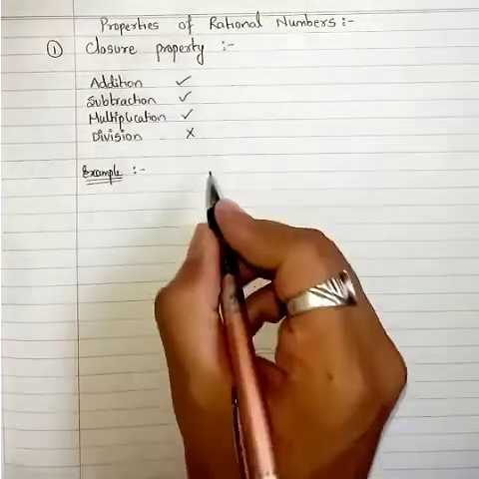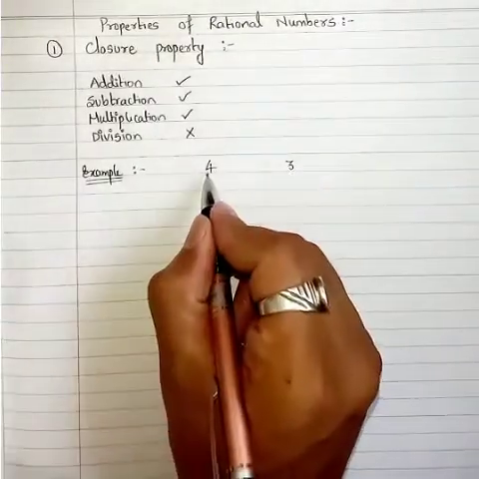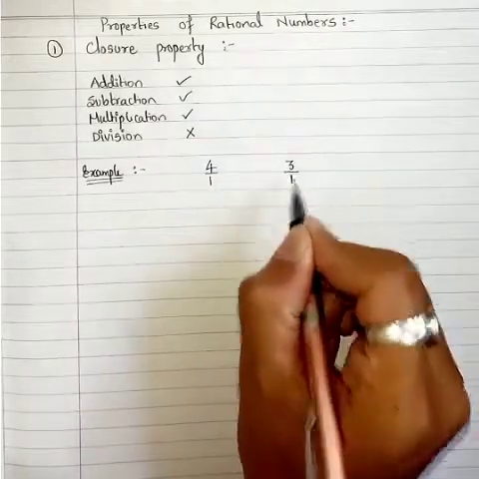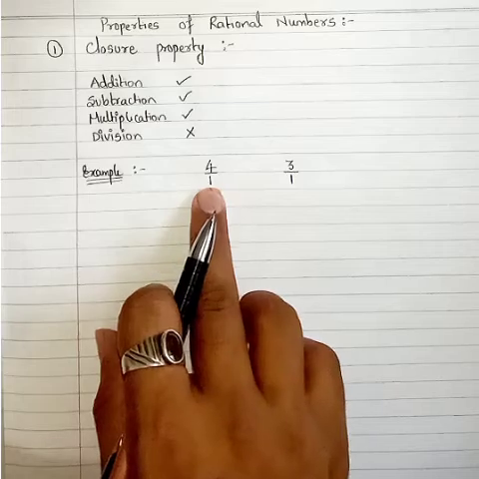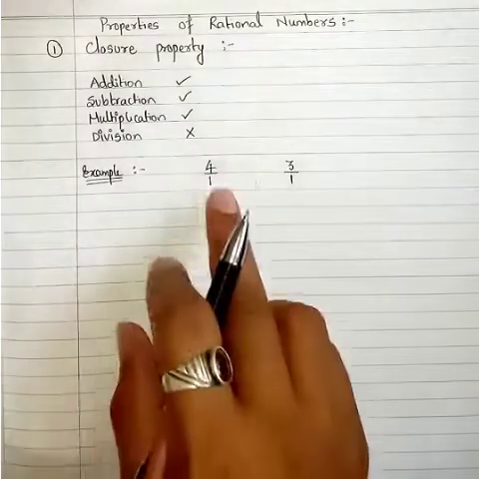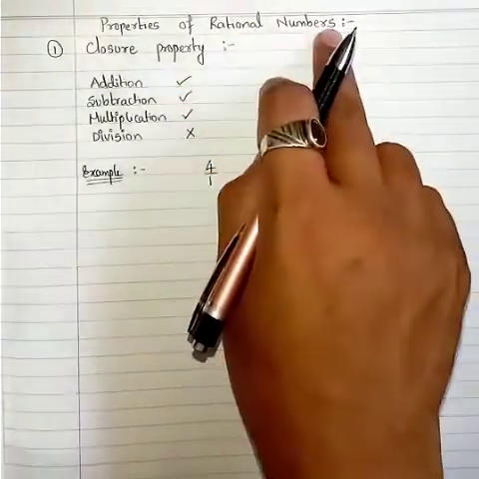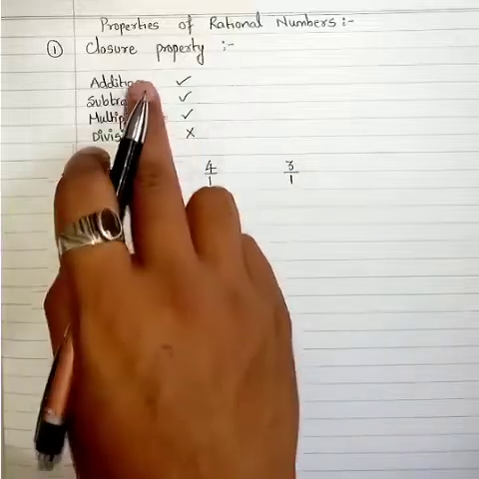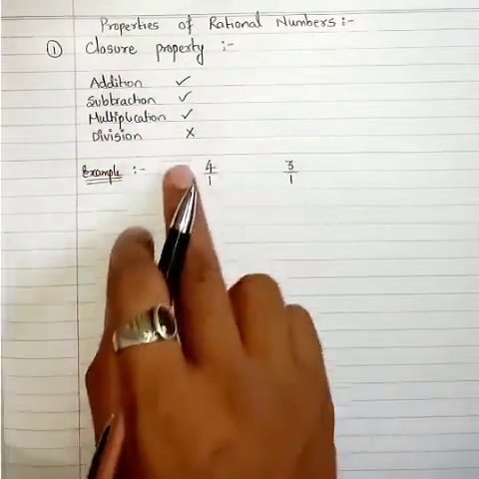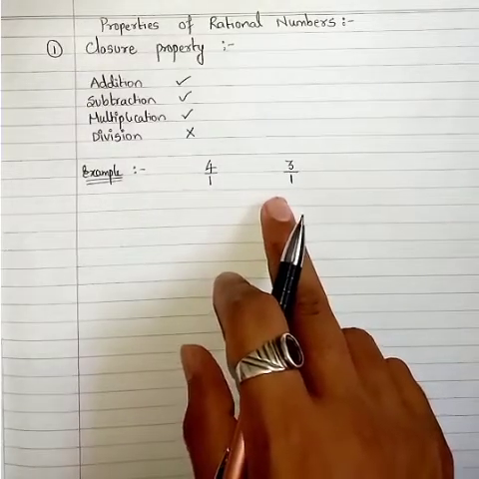Suppose that 4 and 3 are two rational numbers, because I can write them as 4 upon 1 and 3 upon 1. Keeping 1 in the denominator will not change the value, because 4 divided by 1 will be 4 only. So first we will take any two rational numbers and apply addition, subtraction, multiplication and division and find out whether the result will still be a rational number or not, right?